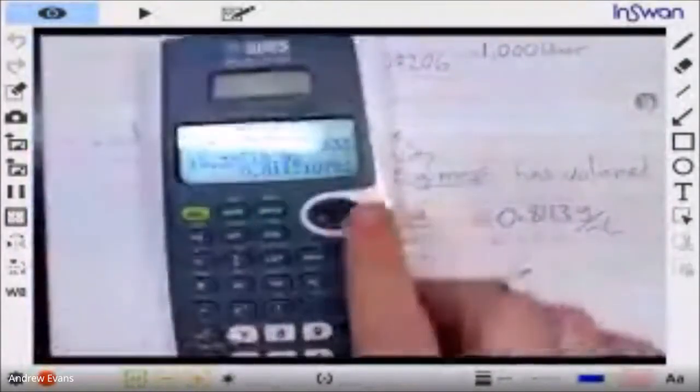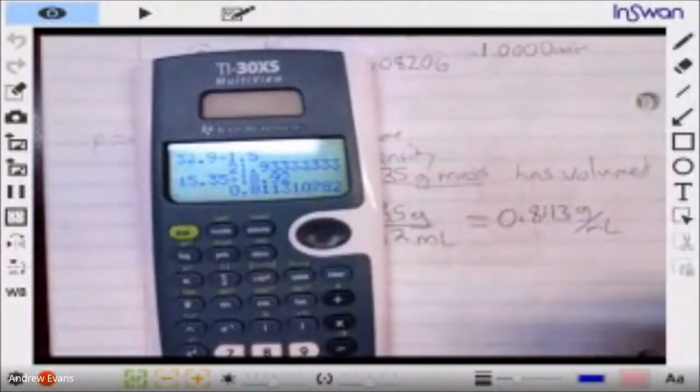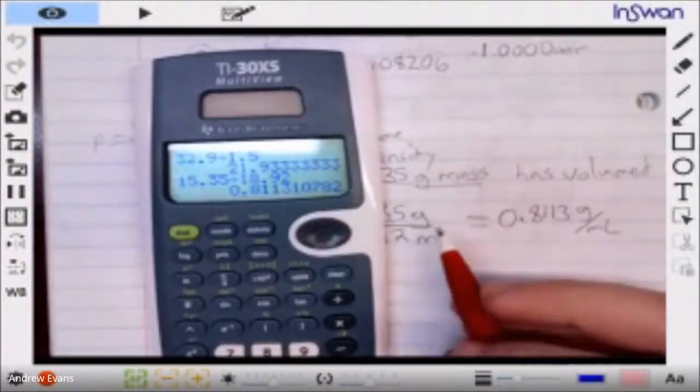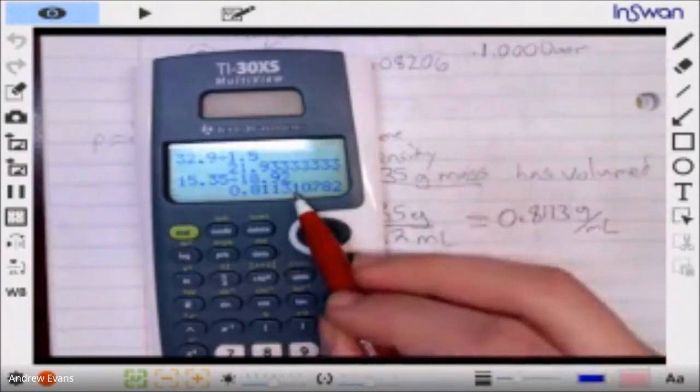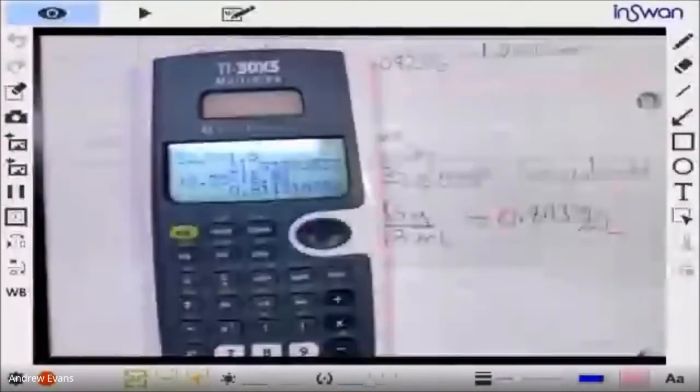I'm getting 0.81131078, but I have to kill it at the 4th place, and 1 rounds down.